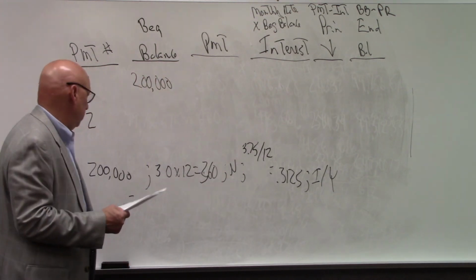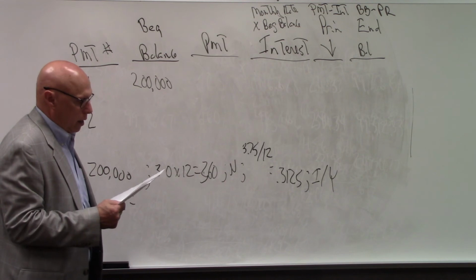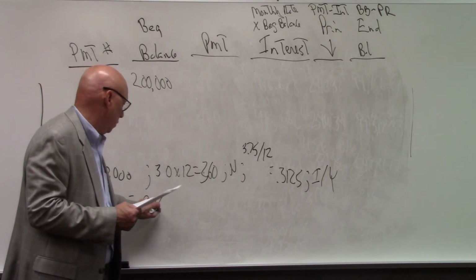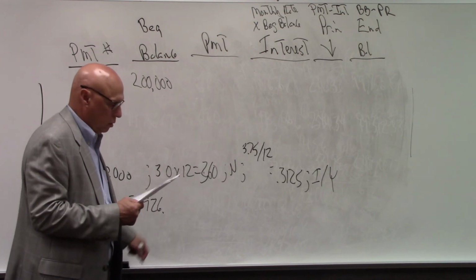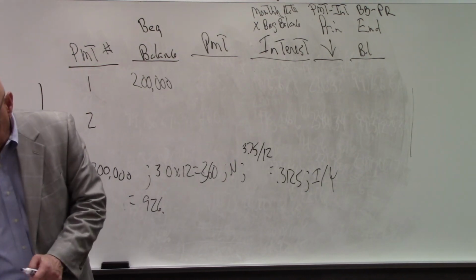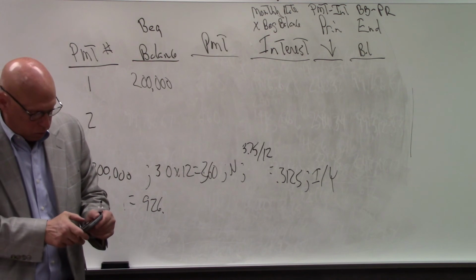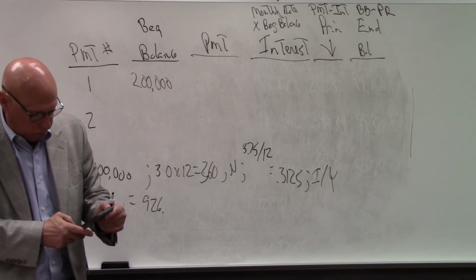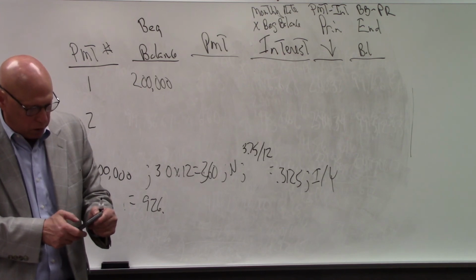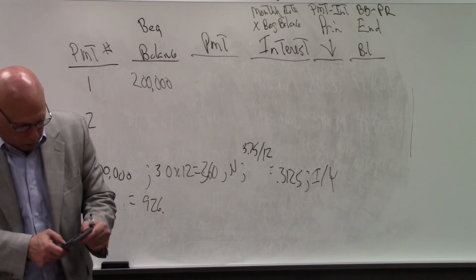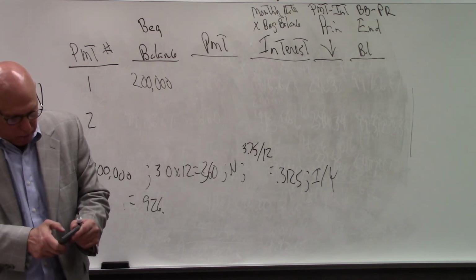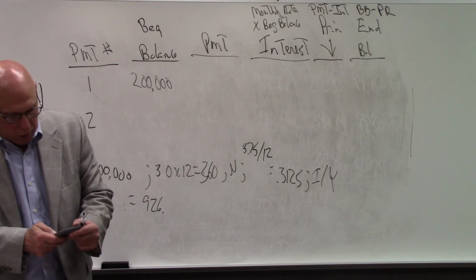Compute payment, and we get 926.33. 23. No. Let's see which is right. 200,000 is your present value, and 360 is your N, and 3.75 divided by 12 is your IY. Compute payment 926.23.